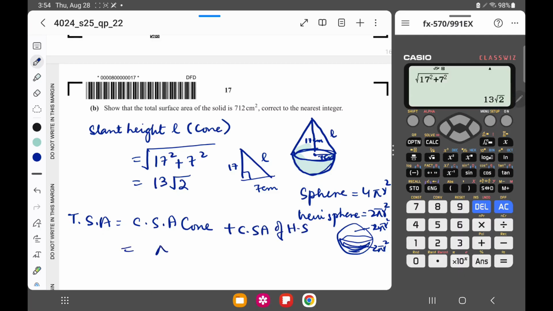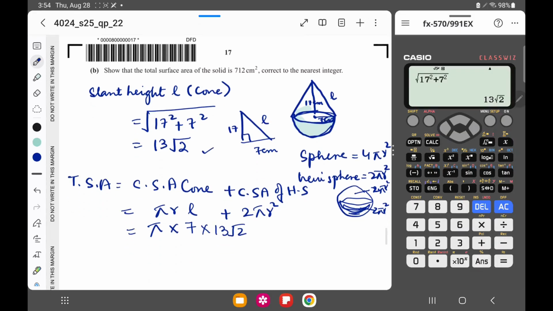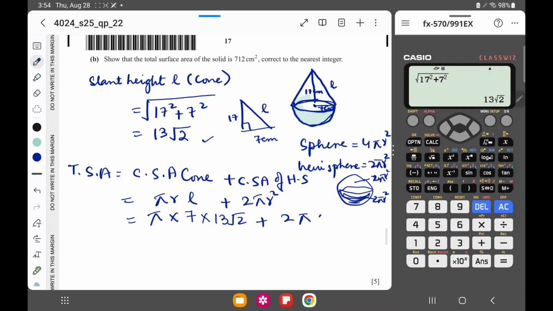Okay, so this is pi r L only, and this is 2 pi r square. The radius is 7 for both, and the L is 13 square root 2, which we have calculated, plus 2 pi into 7 square. Now calculate: 2 times 49 is 98 pi, and 7 into 13 square root 2 is 91 square root 2 pi.